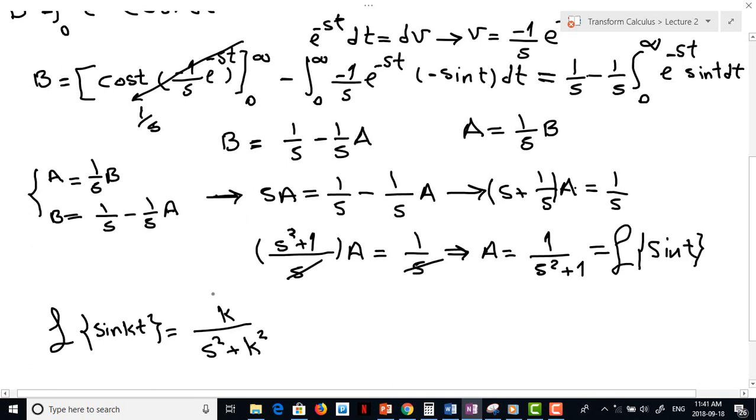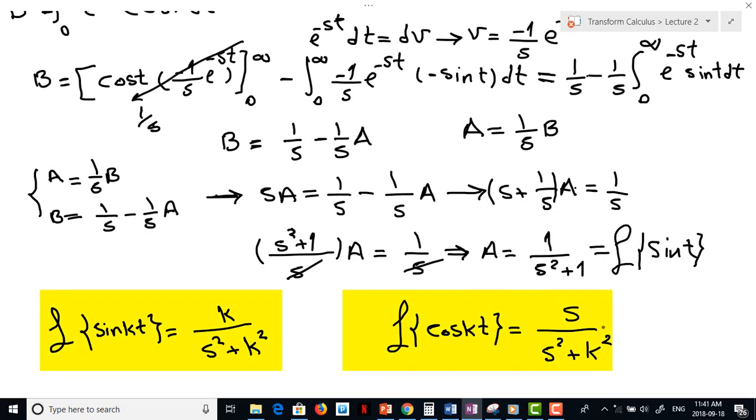As a result, Laplace transform is 1 over s squared plus 1. And we can do the same procedure for finding Laplace transform of cosine kt. So cosine kt is equal to s divided by s squared plus k squared. So we could find Laplace transform of trigonometric functions sine kt and cosine kt.